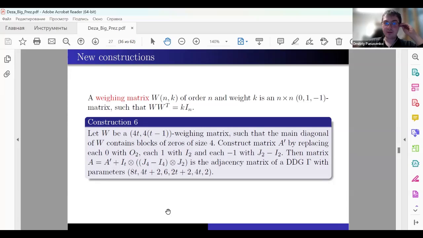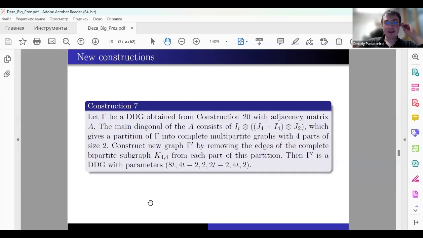Then this matrix plus this product gives us an adjacency matrix of divisible design graphs with parameters 8t, 4t plus 2, 6, 2t plus 2, 4, 2, 2. And this says construction 20, it should say construction 6, of course.